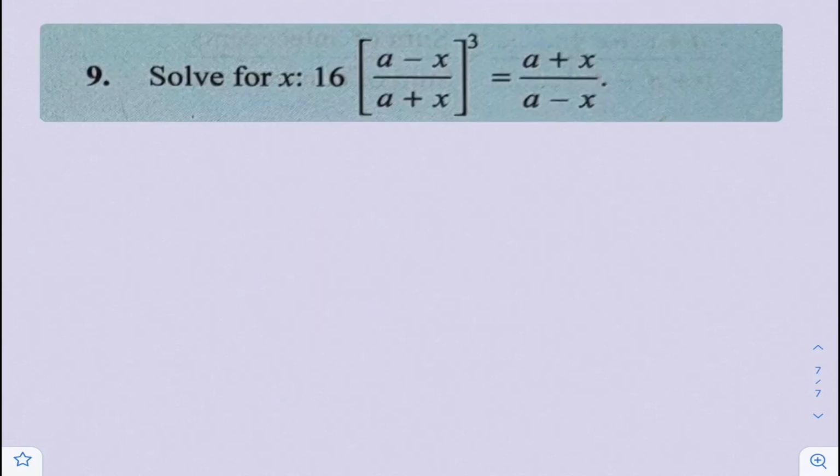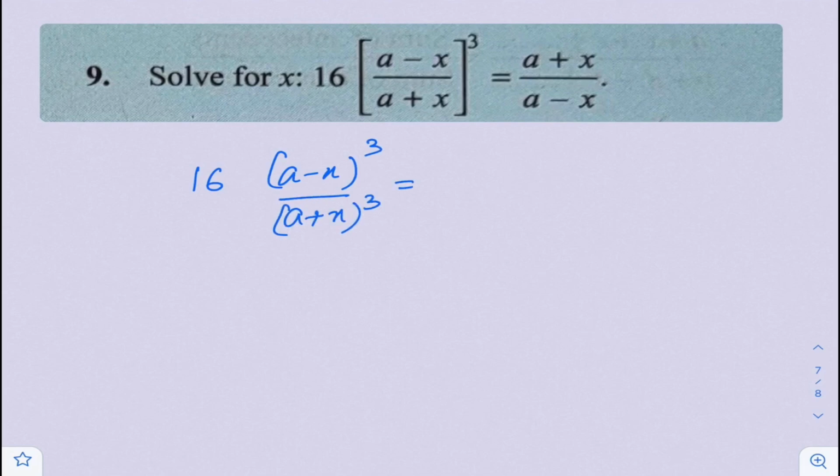Now we will do question number 9. 16 times (a minus x) whole cube over (a plus x) whole cube equals (a plus x) over (a minus x). So what you can do, take a plus x here and take a minus x here.